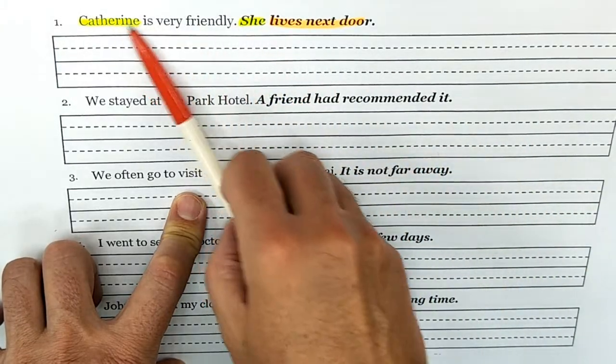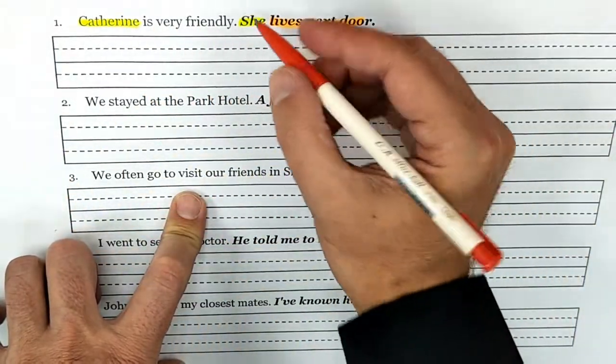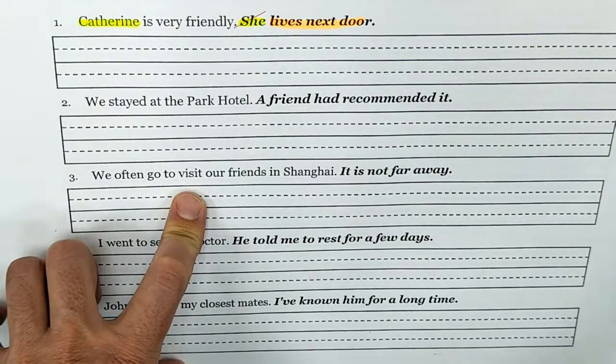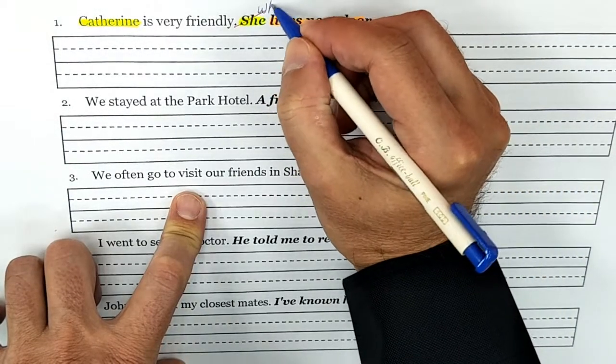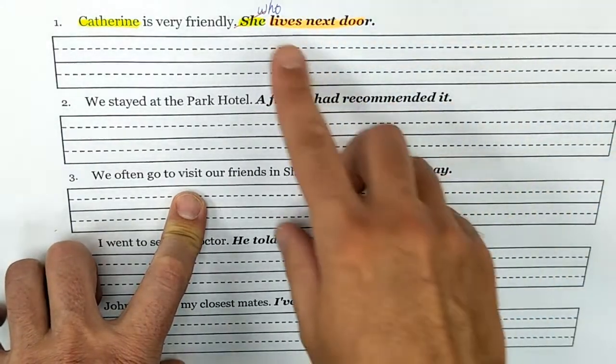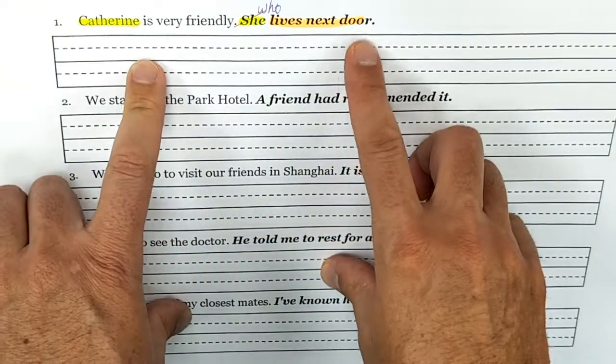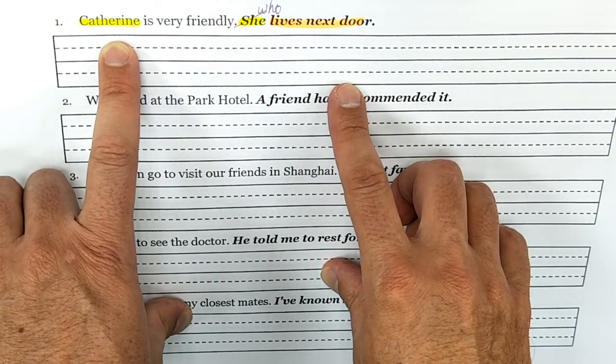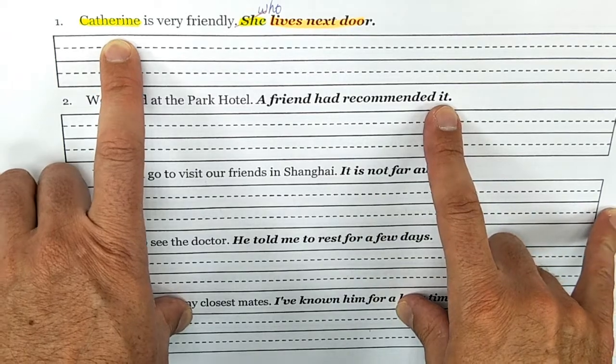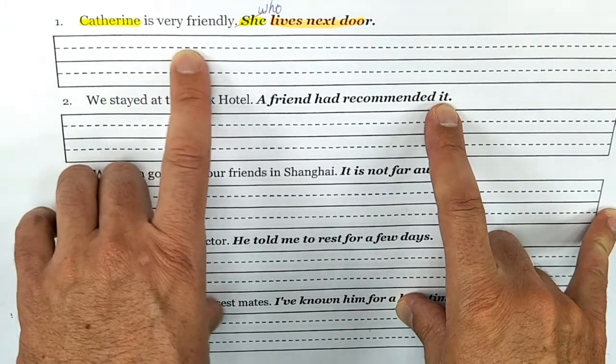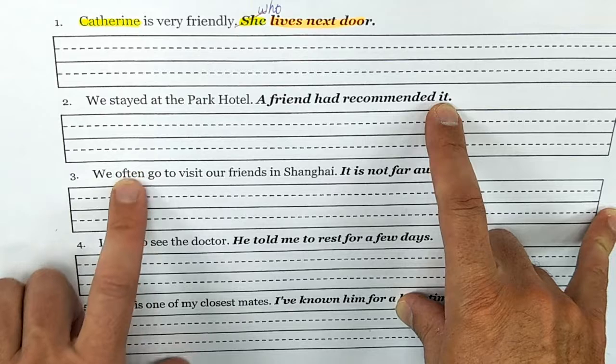Catherine is she. So this Catherine, we're going to take it out and we're going to write who. Remember, this who lives next door must be behind Catherine. Catherine, who lives next door, is very friendly.